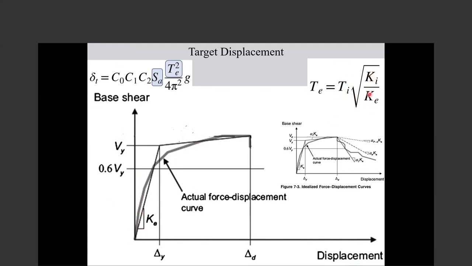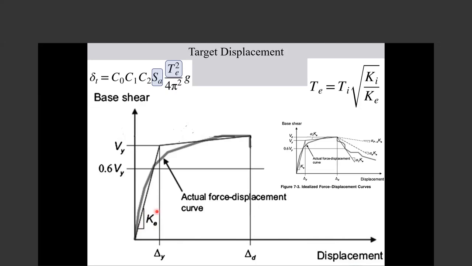You are defining, according to your methodology, the equivalent stiffness, and getting the equivalent period according to that. But in our methodology, the coefficient method that we are talking about, this is the coefficient method, not the capacity spectrum. This coefficient method says the equivalent stiffness is the slope of this line.